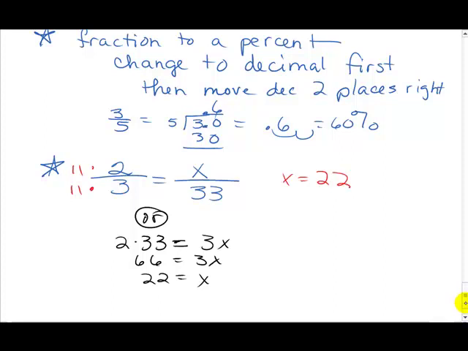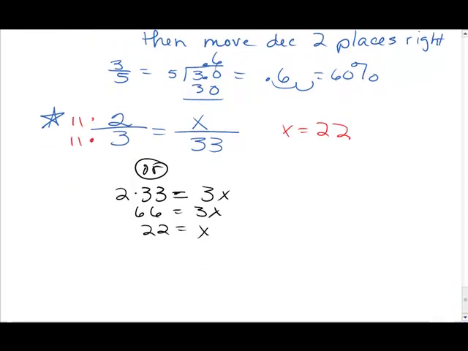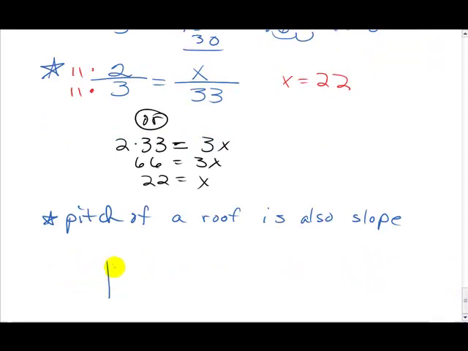They tell you, but I'm going to mention it here also, that the pitch of a roof is also slope. And so just keep in mind what we talked about, the triangle.